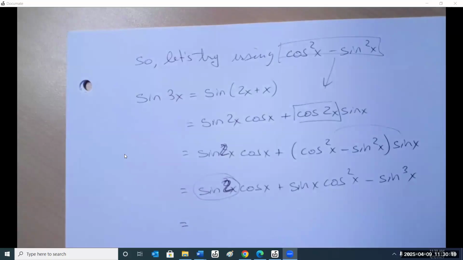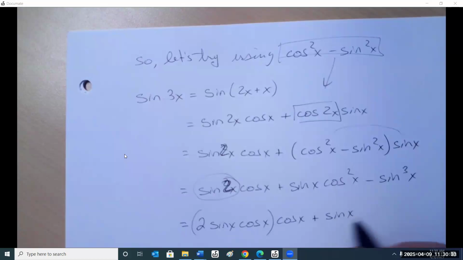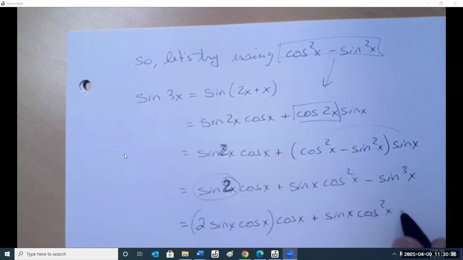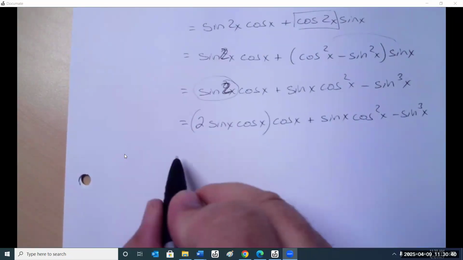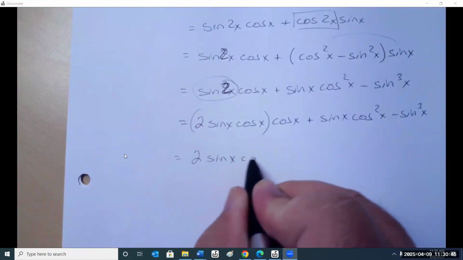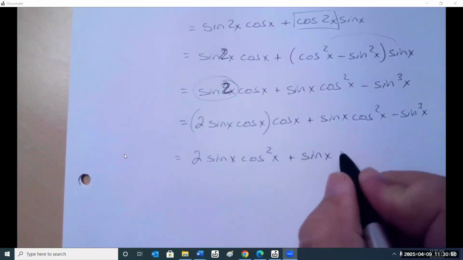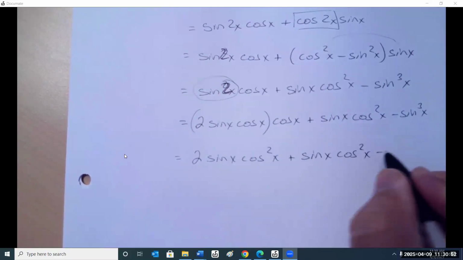Sine 2x is 2 sine x cosine x, times cosine x, plus sine x cosine squared x minus sine cube x, becomes 2 sine x cosine squared x plus sine x cosine squared x.